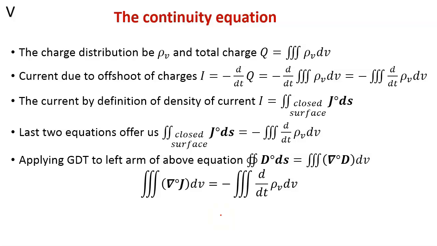So we can differentiate this equation once with respect to x, second time with respect to y, and third time with respect to z on both sides, and we can nullify the effect of this triple integration, and we can rearrange by taking this minus d dt of rho v on the left hand side, and we have divergence of j plus time rate of change of the volume charge density equal to 0. This is known as the continuity equation.